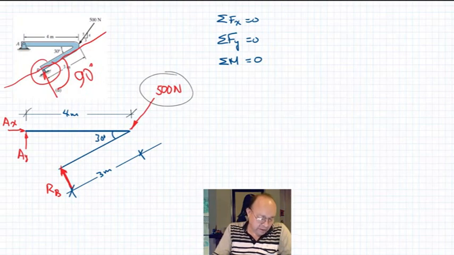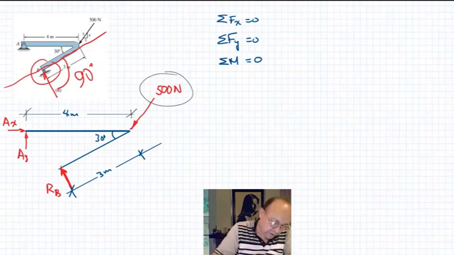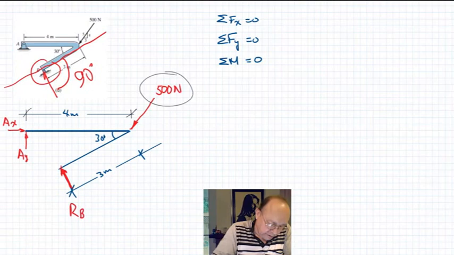It will be maybe a matter of getting the components of RB in the X and Y direction like this. RBY and RBX.